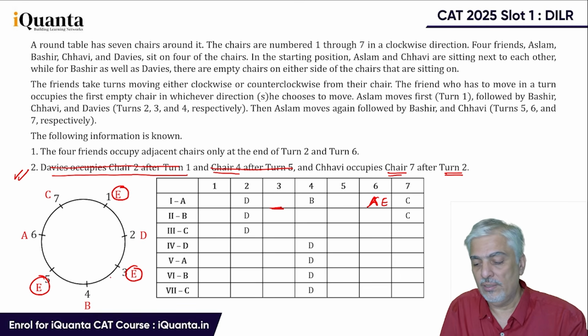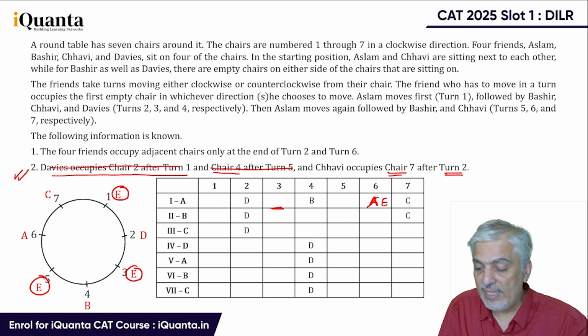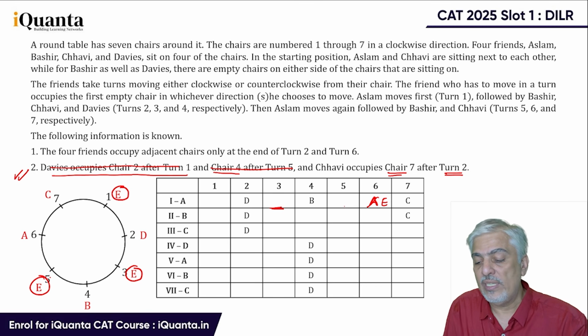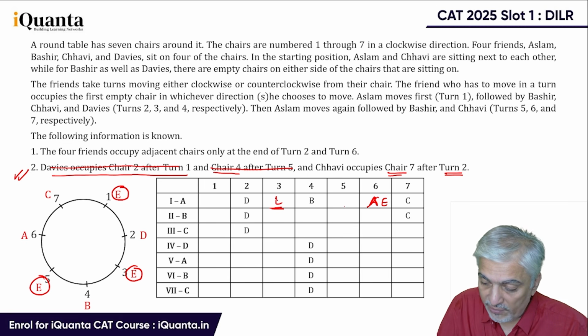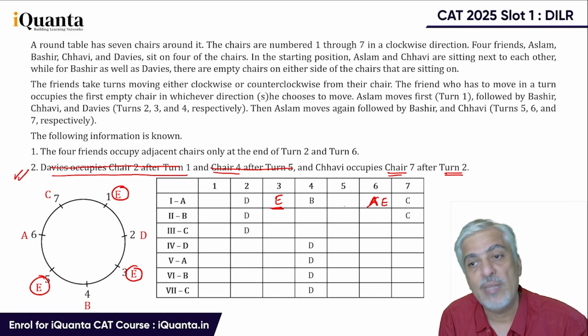Okay, sorry, if it moves right, it will be 5, that is from 6 to 5. But see, logically, A can move only to 5 or it goes around and can come to 1. So, whether it goes in the clockwise or anti-clockwise direction, only 1 and 5 it can go to. So, it cannot go to 3. So, 3 will definitely be empty, and because A was going to empty chair number 6, 6 will be empty.